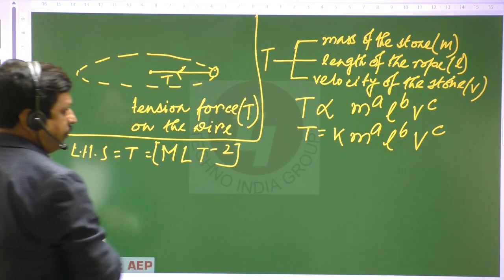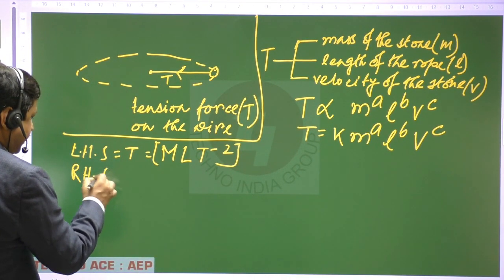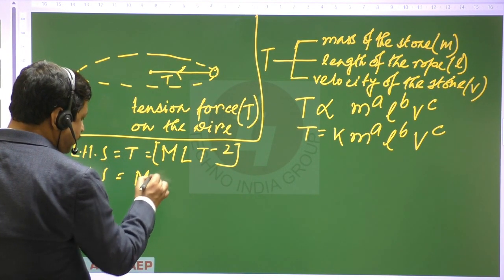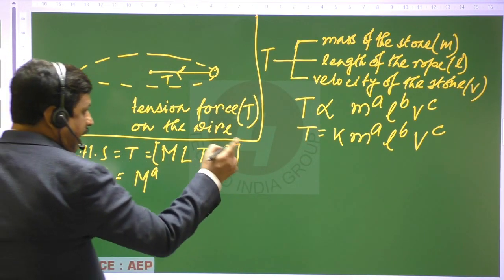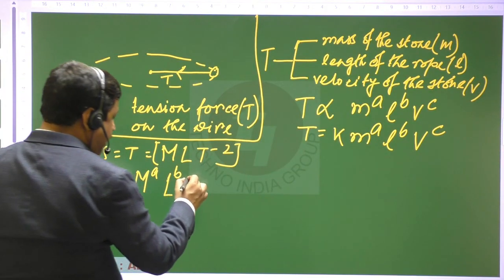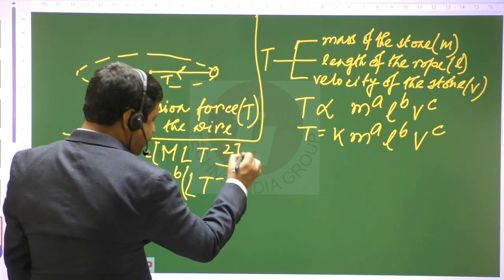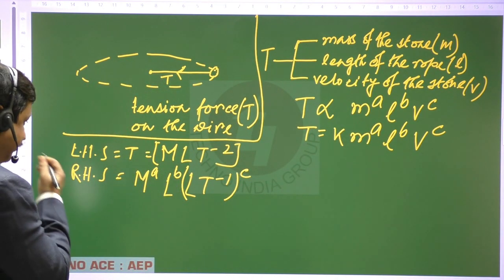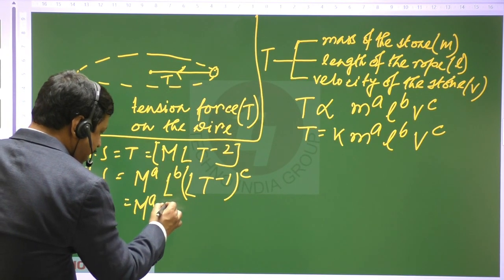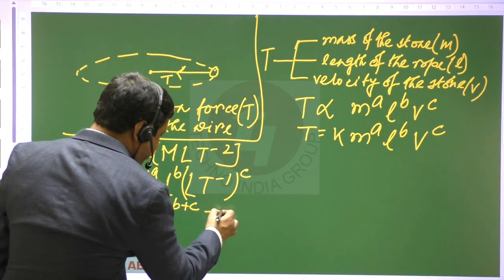This is the dimension of the left hand side. And what is the dimension of the right hand side? That is m to the power a, L to the power b, and velocity is L T to the power minus 1, whole to the power c. So this will be m to the power a, L to the power b plus c and T to the power minus c.